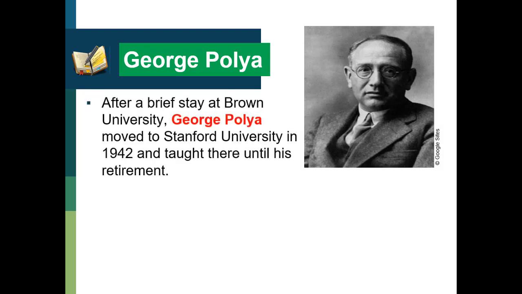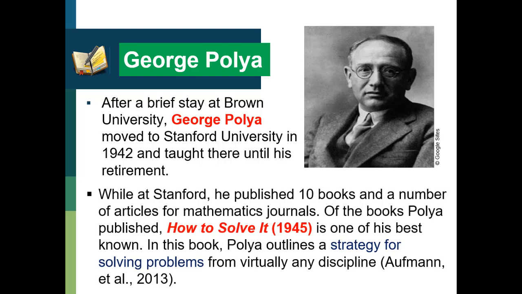After a brief stay at Brown University, George Polya moved to Stanford University in 1942 and taught there until his retirement. While at Stanford, he published 10 books. That is very prolific, and a number of articles for mathematics journals. Of the books Polya published, How to Solve It in 1945 is one of his best known.